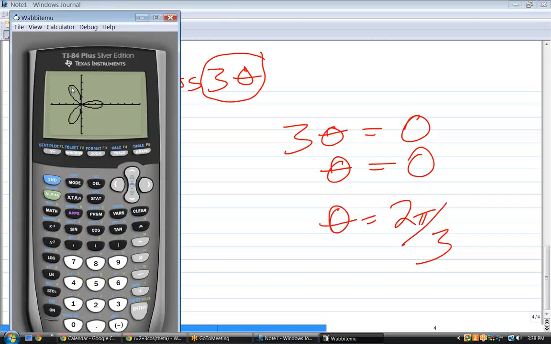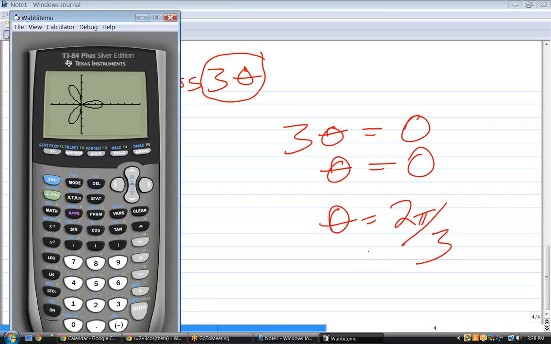And the way I did that was divide 2 pi by 3, because then they're all going to be equally far apart. And then there's clearly one other point right there. What is that going to be?